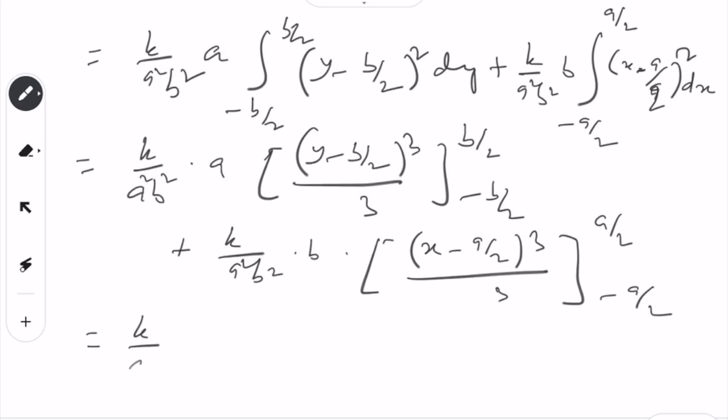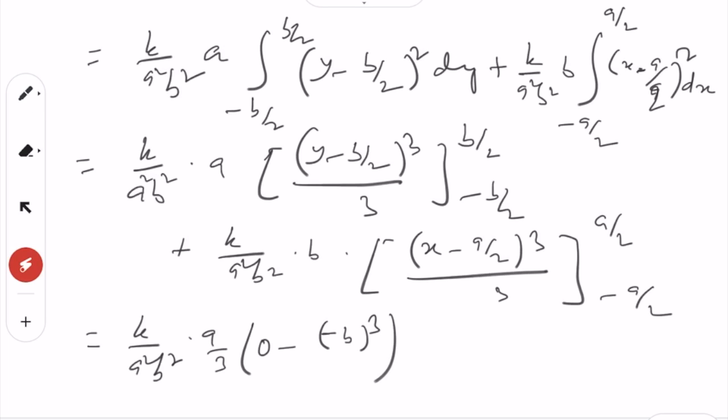We get k over a square times b square and then a over 3, and we know that if you put b over 2 here, it will be 0, so that means you get 0 minus, and we get minus b cube, simply 3 is taken out already. Okay, so this is done.